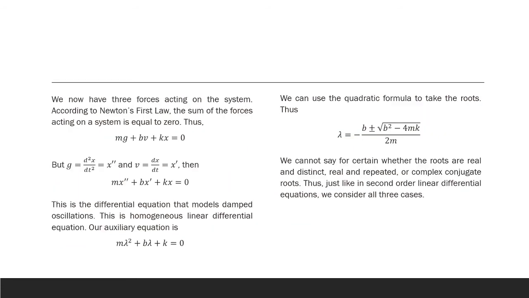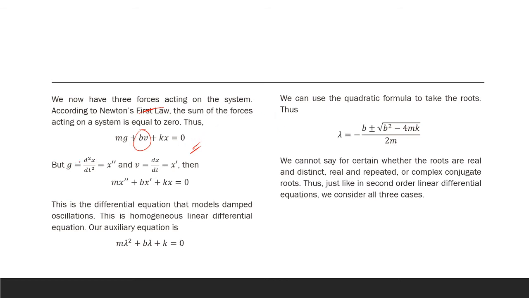Now, if we consider this damping force class, we now have three forces acting on the system. Alam lang natin naman, di ba, that the sum of the forces acting on the system is equal to 0. So, if we add yung bv natin, we will arrive at this equation, ma plus bv plus kx is equal to 0.